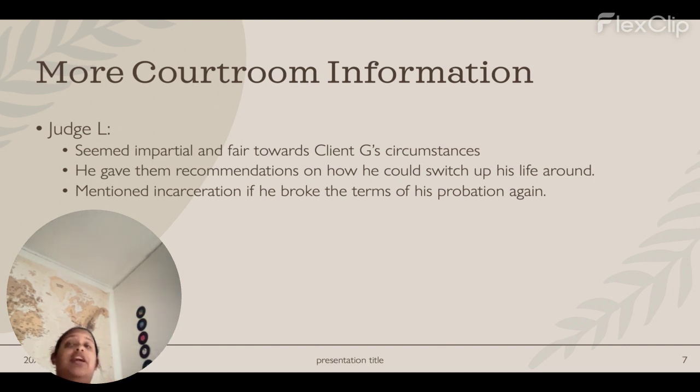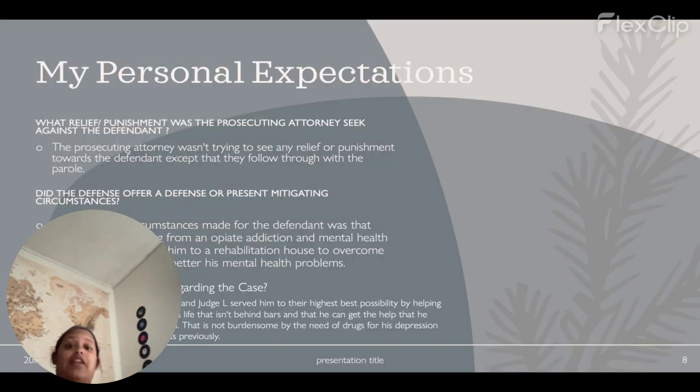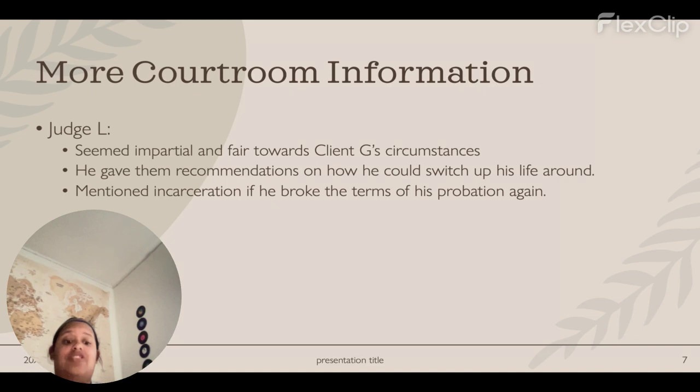I just thought this was very interesting because most judges don't give second chances to many defendants regarding breaking probation. Usually if a person breaks probation, they'll go back to jail. But this judge was very lenient and gave him a second chance.